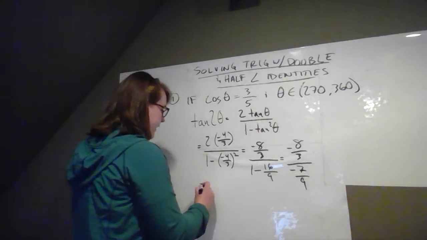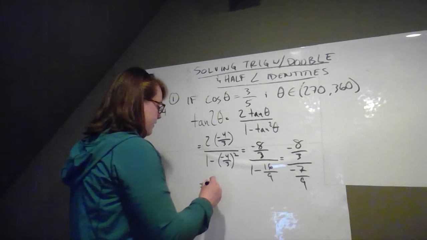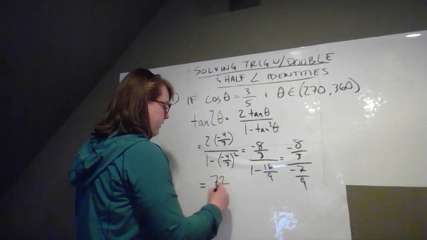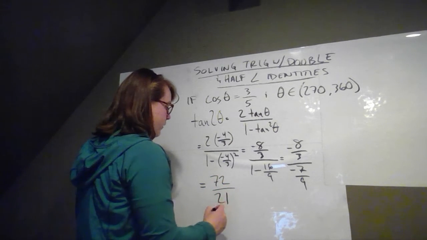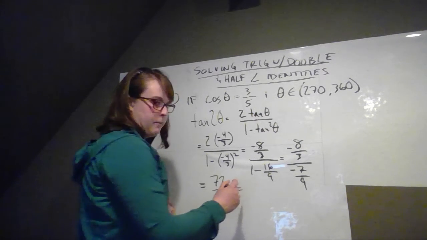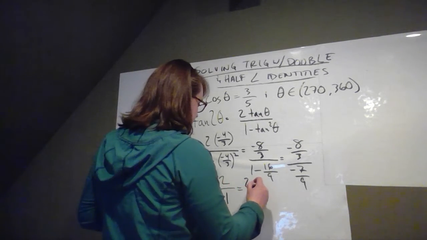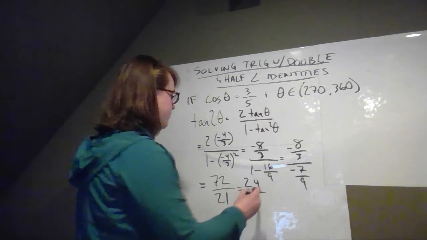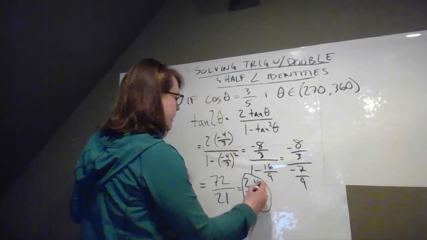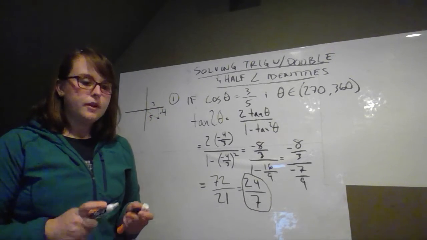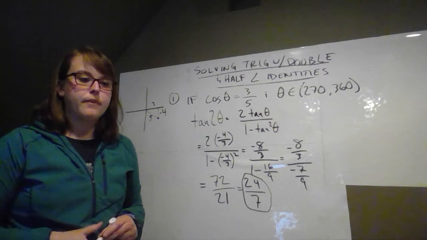Flipping and multiplying gives us 72 over 21, which reduces to 24, I believe, over 7. Yes, 24 over 7. So that would be our answer for what is tangent of 2 theta. So a lot of this is just plugging and chugging.